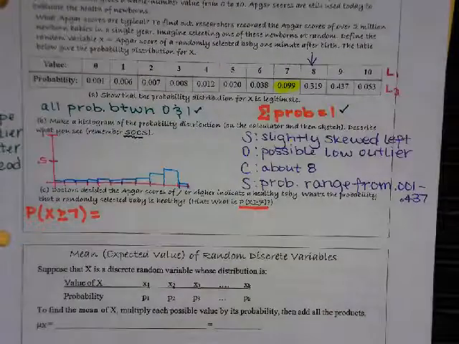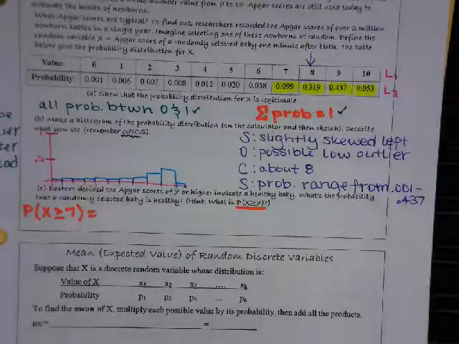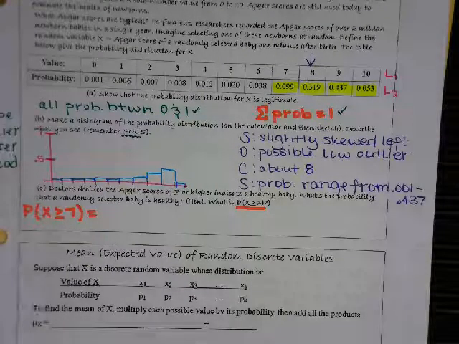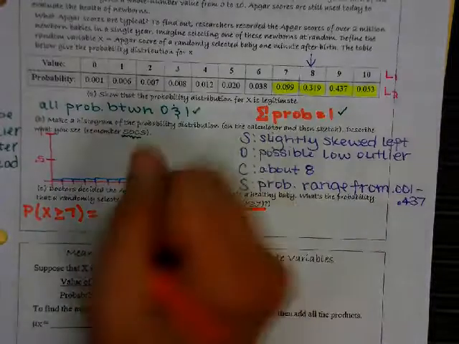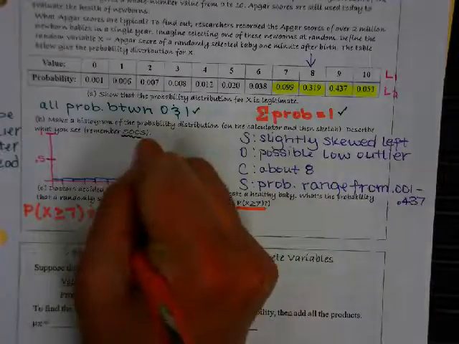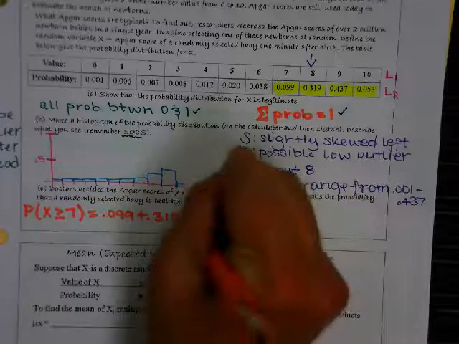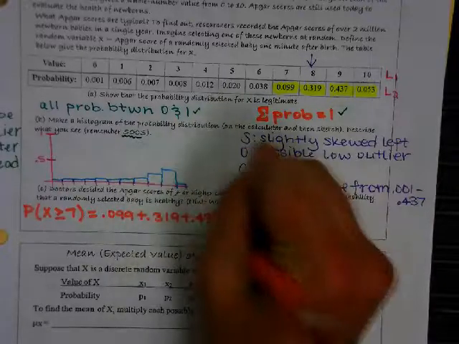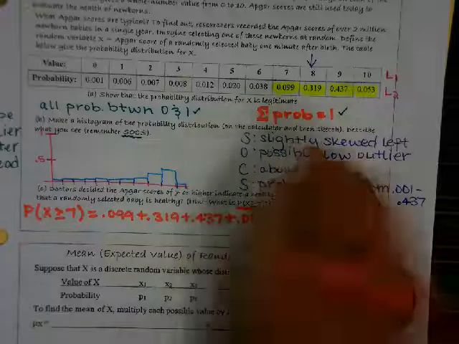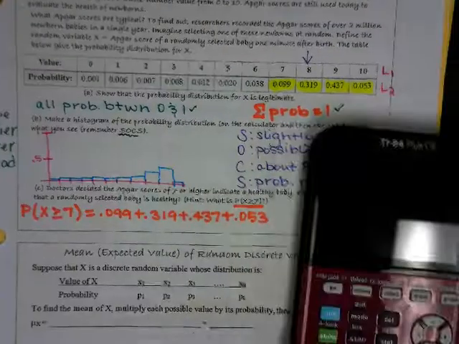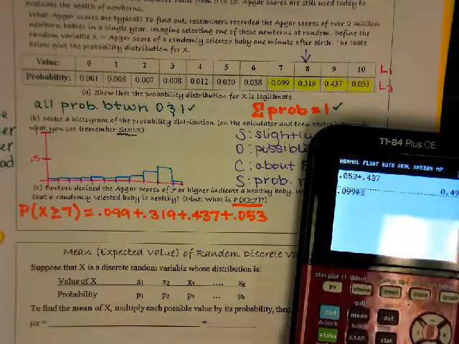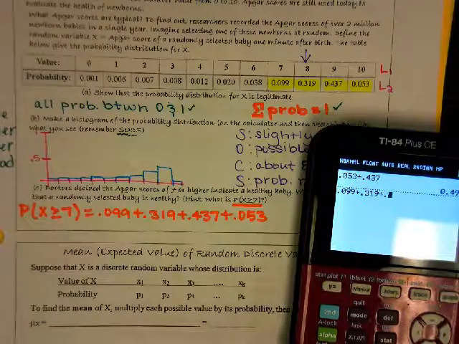So we're going to end up adding those 4 numbers together, and that'll give us the probability of X being greater than or equal to 7. When we add them together, we get 0.908.